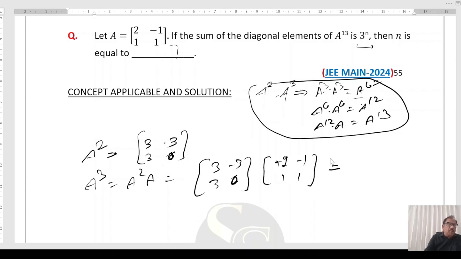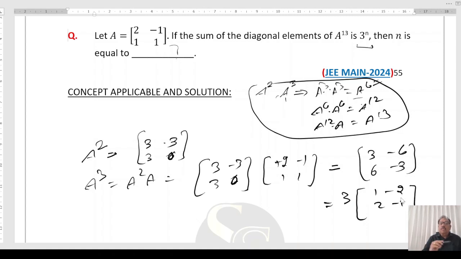On simplification, A cube comes out to be [3, -6; 6, -3]. If we take common, in case of matrix multiplication, it is to be common from all rows and columns. So 3 taken common. So this comes out to be 3 [1, -2; 2, -1]. Right?